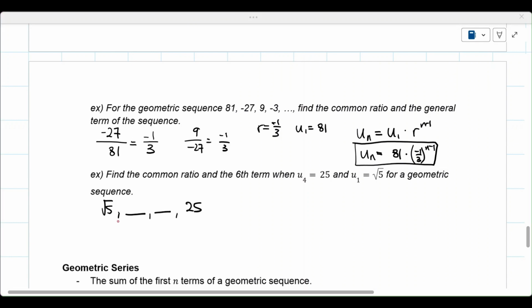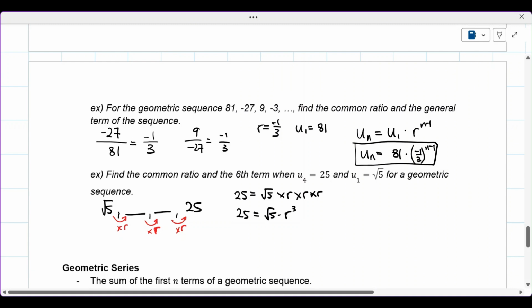From square root of 5 to 25, I'm going to multiply by the common ratio not once, not twice, but 3 times. So my 25 will be equal to square root of 5 times r times r times r.